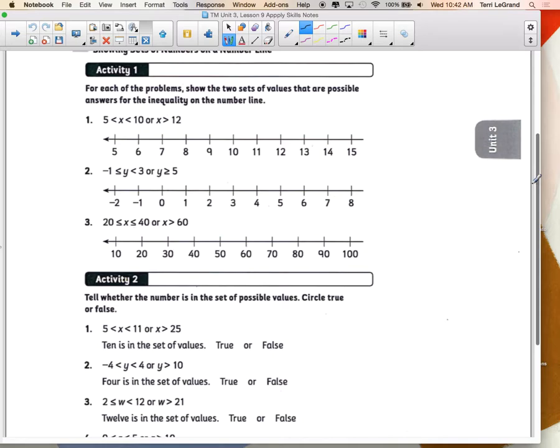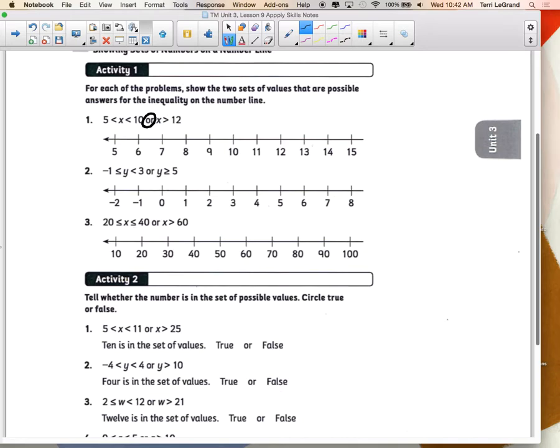So in activity 1 here it says, for each of the problems, show the two sets of values that are possible answers for the inequality on the number line. So notice right here, there's that word OR. Will you circle that word OR in there? But be able to still see the inequalities that are involved. So this whole statement would still be considered a compound inequality.